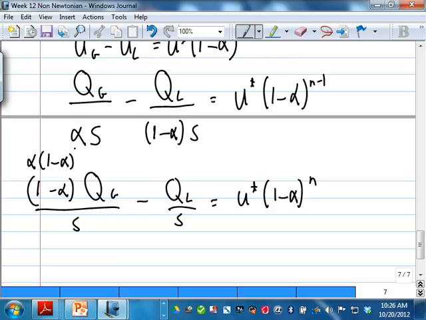So this one, we get 1 minus alpha. So yeah, correct. This one should get alpha. And here you get this one minus 1 and here alpha. Is that alright so far? So multiply both sides with alpha 1 minus alpha. Then what do we do next?